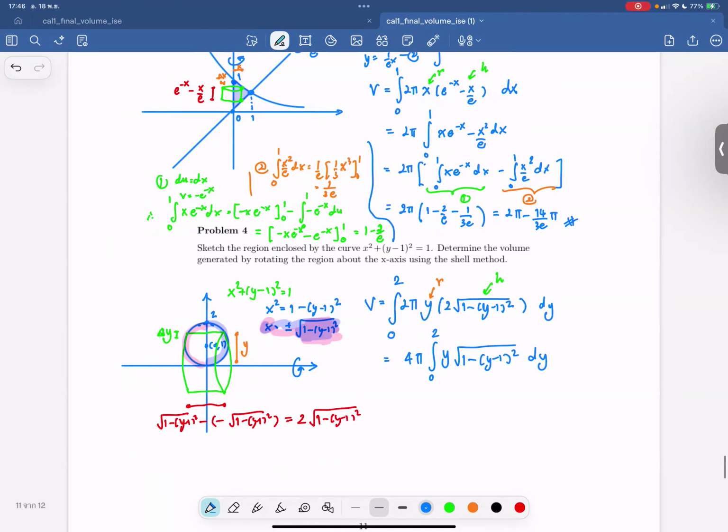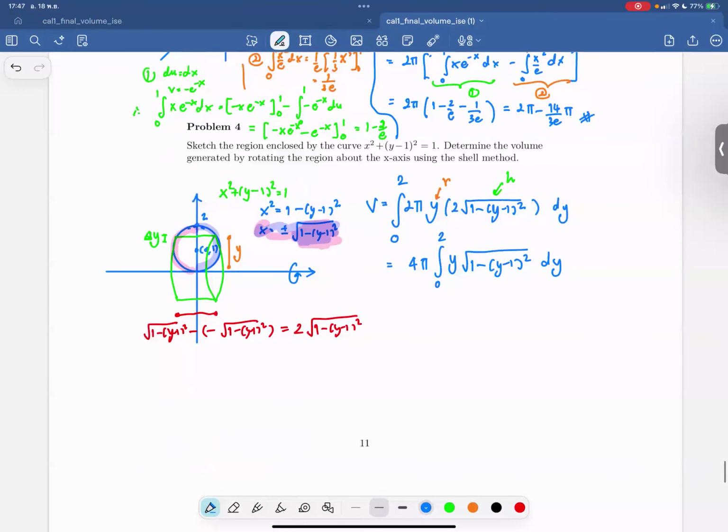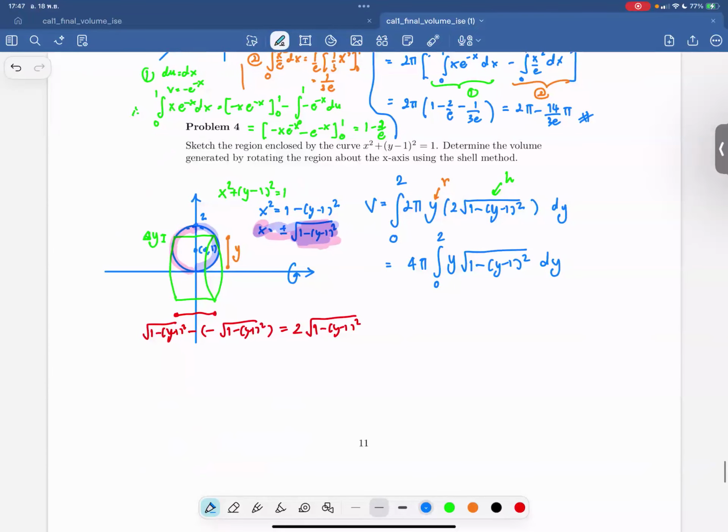Next I will use u substitution by putting u equal to y minus 1, and then y is u plus 1. When y is 0, u is minus 1, and when y is 2, u is 1. So the integral in terms of u is from minus 1 to 1 of (u plus 1) times the square root of 1 minus u squared du.